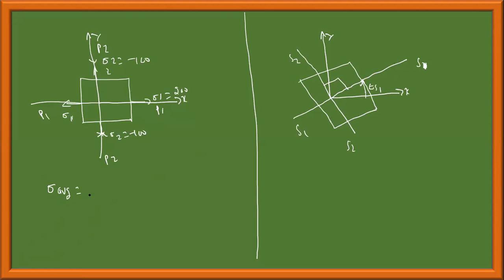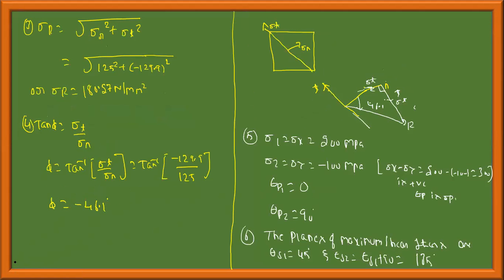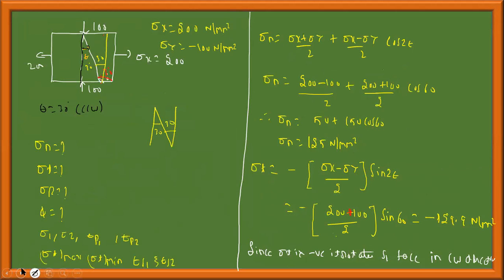Directly from the formula I can write sigma x plus sigma y by 2. In this case, 200 minus 100 by 2, it's 50 MPa. Since it is rotating, sigma t is negative, of magnitude minus 129.